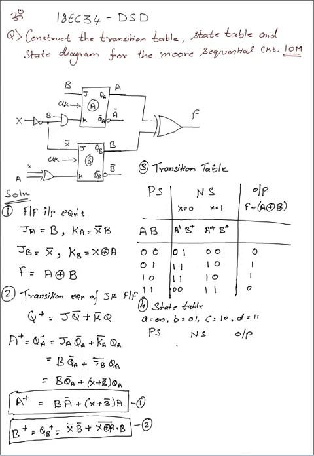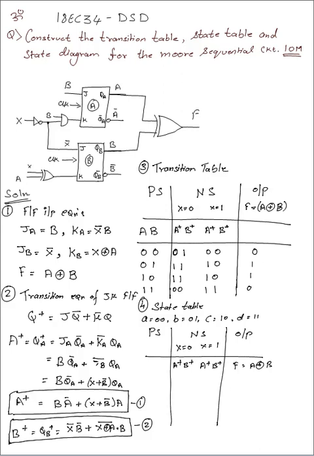Similarly, for x equal to 0, for x equal to 1. Similarly, I will have my a plus, b plus, and my output f equal to a XOR b. This will remain more or less the same as the previous one.